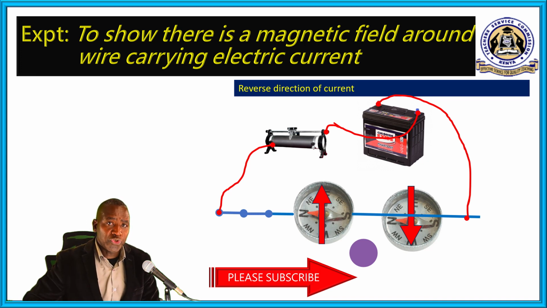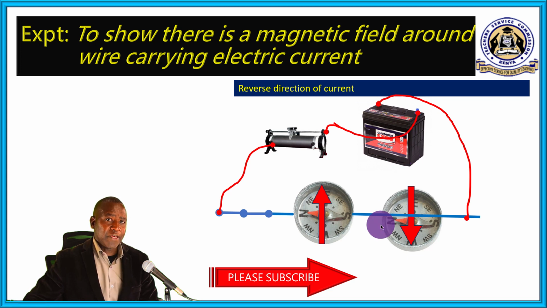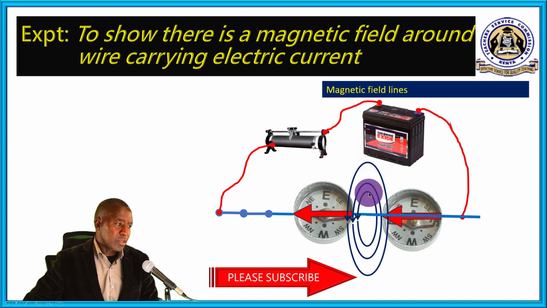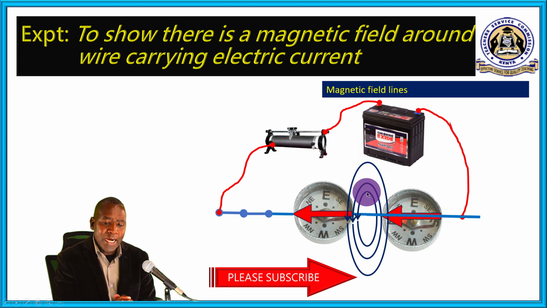That is the conclusion we make. So if you reverse the direction of current through the wire by interchanging the terminals of the battery, you're going to reverse the direction of the magnetic field around the wire. Now let's go ahead and try to draw that magnetic field around the wire.